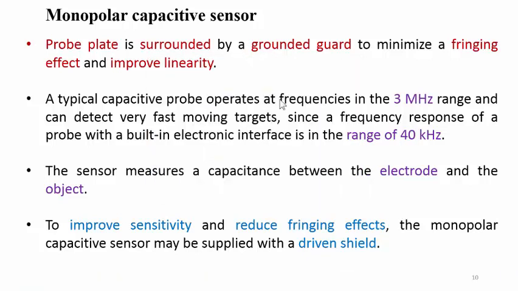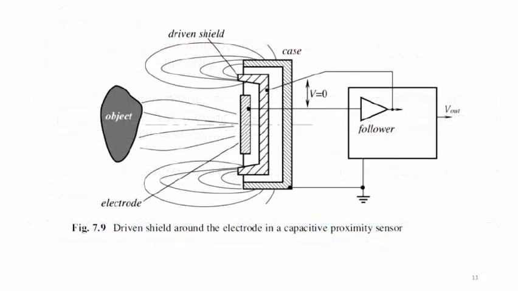This sensor measures the capacitance between the electrode and the target or object. To improve sensitivity and to minimize the fringing effect, the monopolar capacitive sensor may be supplied with a driven shield, or special shielding is provided on the package.